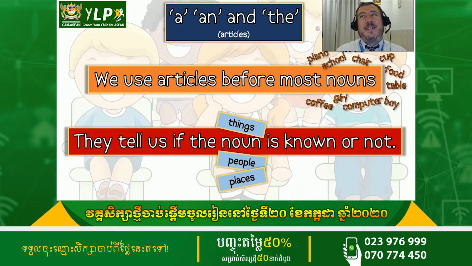They can do different things as well, but in general, most of the time, we use different articles depending on if the noun is known or not. If we know which school, which piano, which chair, which boy we're talking about, then we need to use different articles. Remember that a noun is a person, people, a place, or a thing.